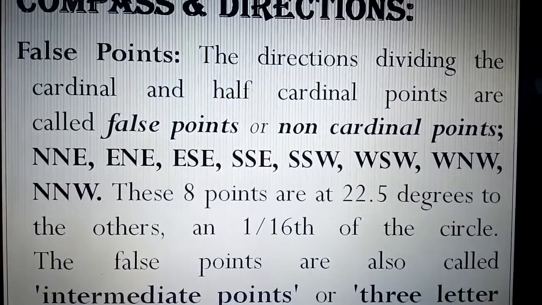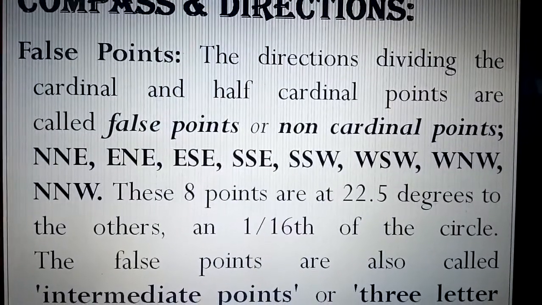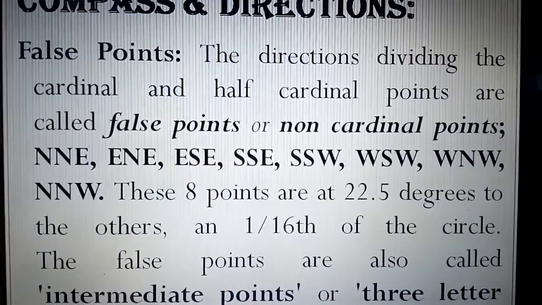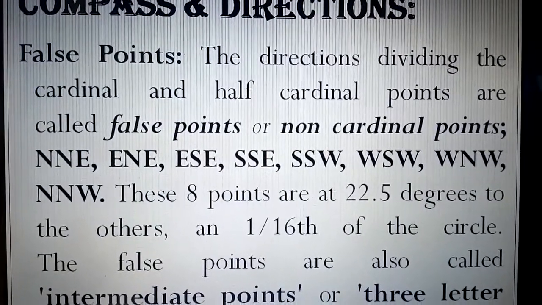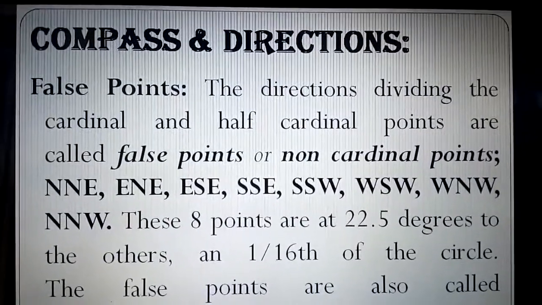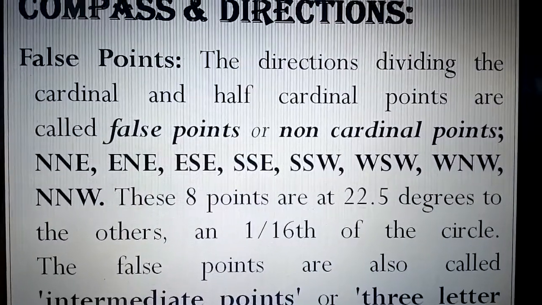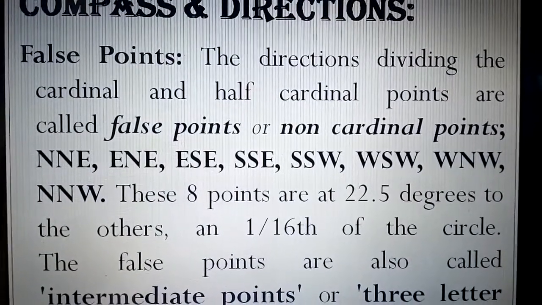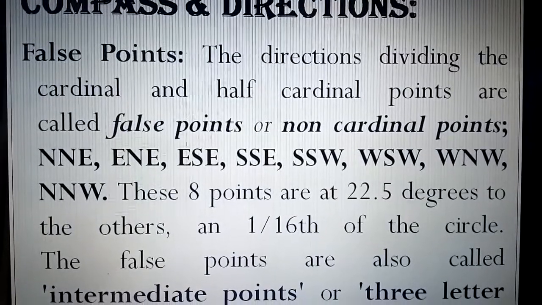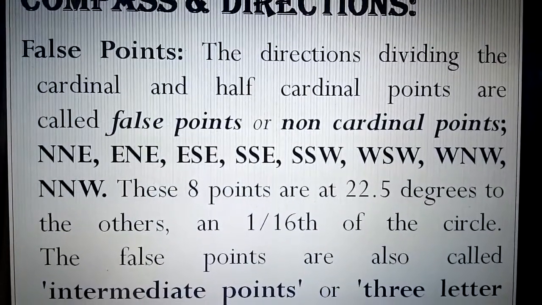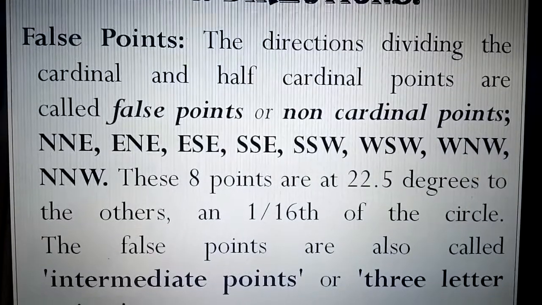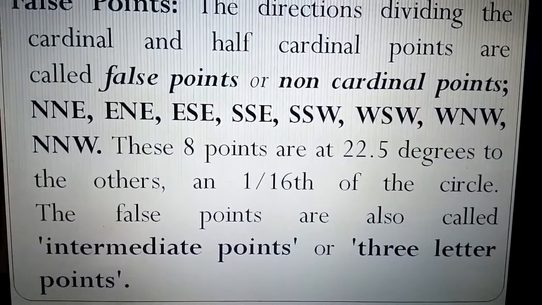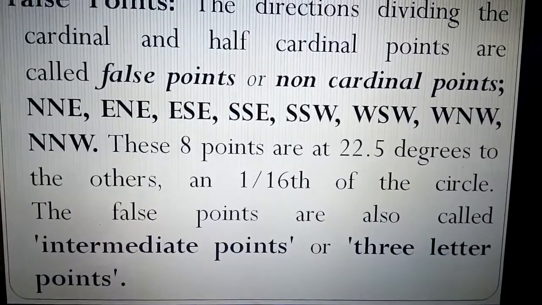For example, north northeast, east northeast, east southeast, south southeast, south southwest, west southwest, west northwest and north northwest. These 8 points are at 22.5 degrees to the others and 1/16 of the circle. The false points, as I already said, are also known as intermediate points or three-letter points.